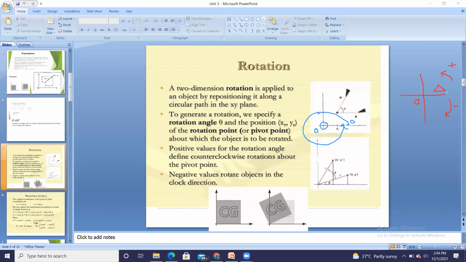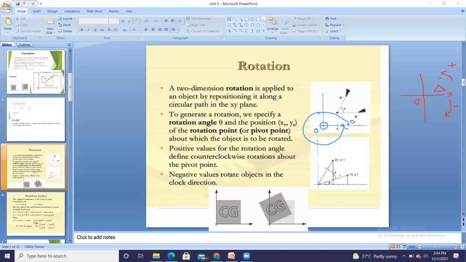So when I say rotate this object by 45 degree, currently I have this triangle which is parallel to the x-axis. Then I will denote it with another color.